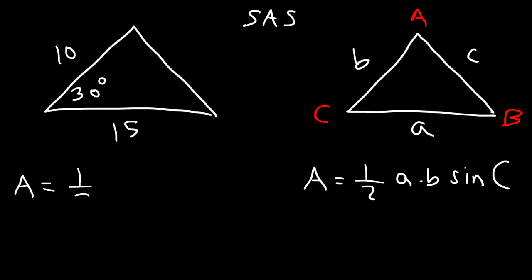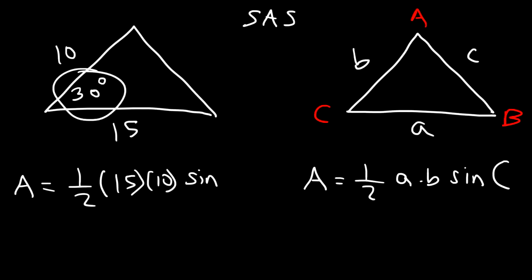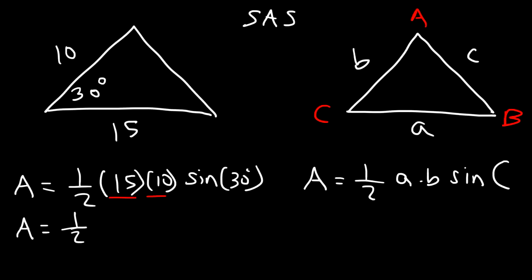In our example, B is 10 and A is 15. So it's going to be 1/2 times 15 times 10 times sine of the angle on the inside, which is 30 degrees. Now 15 times 10 is 150. So we have half times 150, and sine 30.